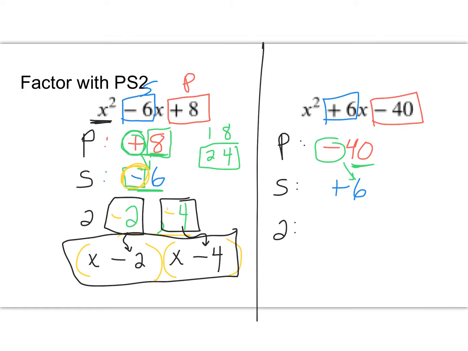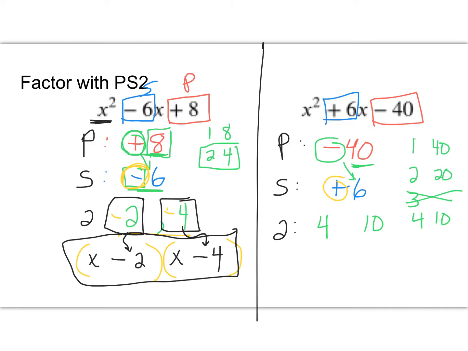So again, if you're stuck and you need a list of factors, 1 and 40. Well, no, that subtracts to 39. 2 and 20. No, that's 18 if I subtract. 3 and, well, 3 and nothing works, gives you 40, that's no. 4 and 10. Will that subtract to 6? Yes, it does. So here's our numbers.